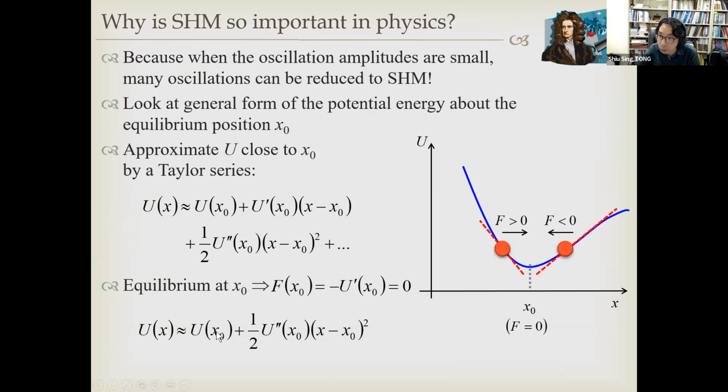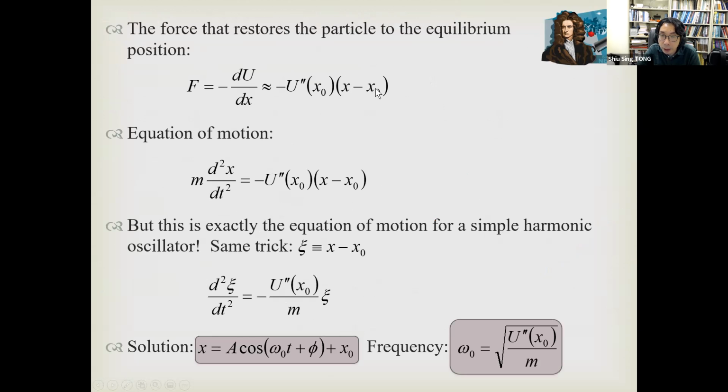The constant term has gone, and for the second term, when I differentiate with x, the 2 here will cancel with the 2 here, and after differentiation I only get 1 times (x minus x naught), and then with a minus sign, because the minus sign comes from the minus du/dx.